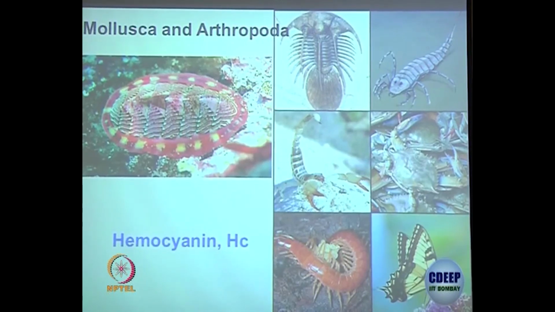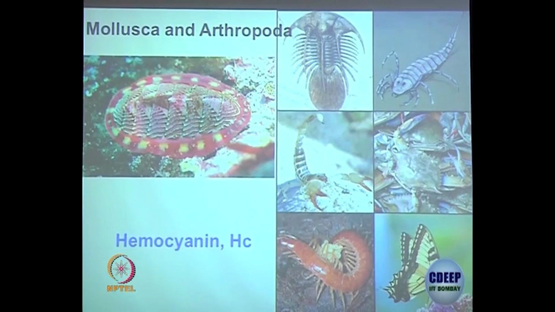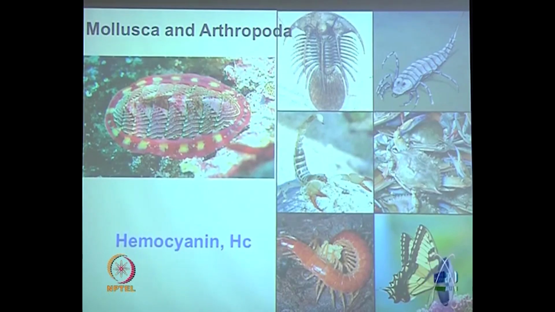We do know that our blood is red. Then there are some animals, some other species, who have blue blood. These are not demons in movies, but blue-blooded animals. There are cold-blooded people, but these are blue-blooded animals.